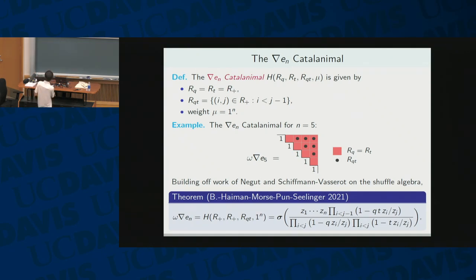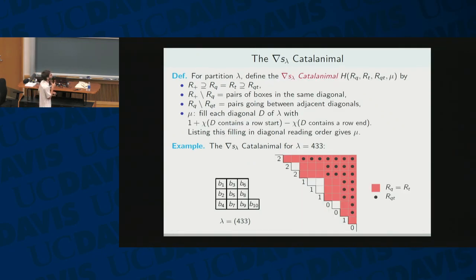I think I'm running out of time, so I will just be very brief about this next construction. There's a really nice construction of a similar kind of thing for nabla S lambda, involving nice combinatorics of the shape lambda, which gets mapped in a nice way into a certain combinatorial construction of these root ideals RQ, RT, and RQT, as well as the weight.